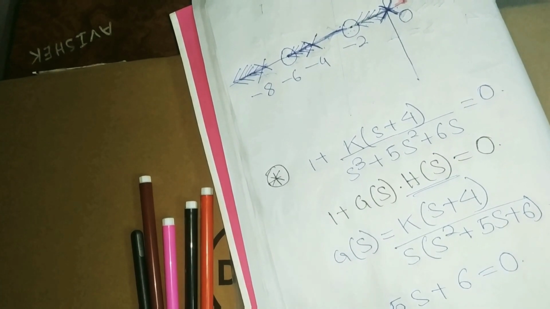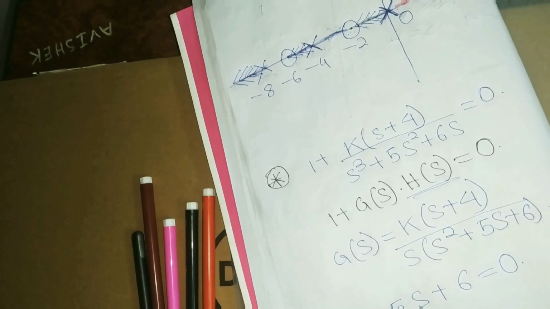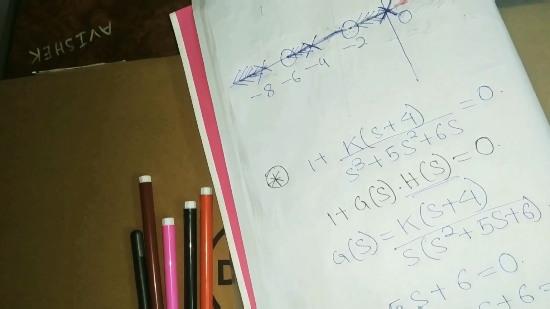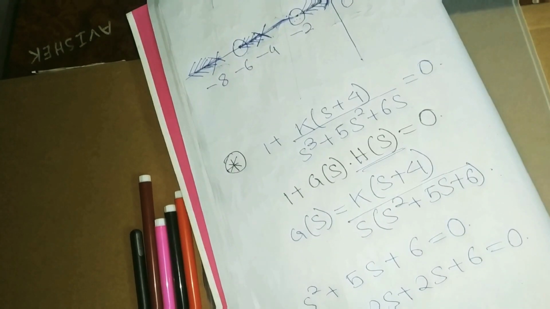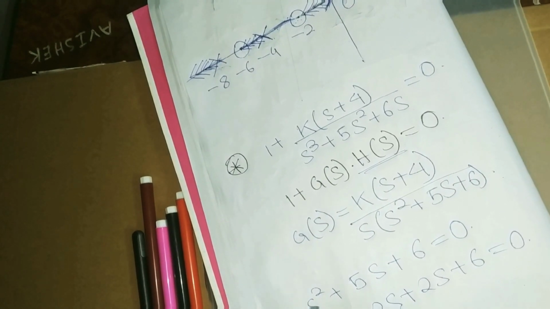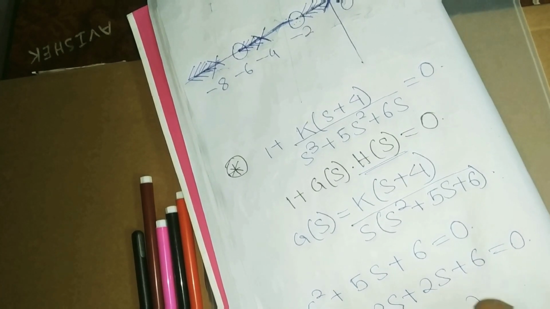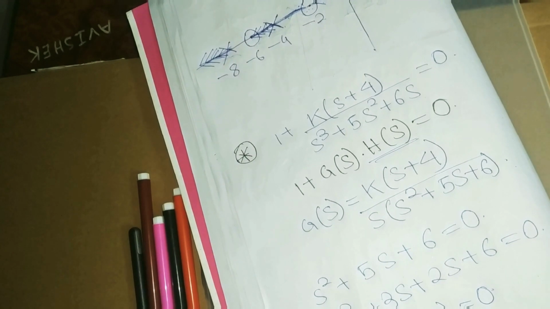Now s square plus 5s plus 6 equals 0. So what will it become? s square plus 3s plus 2s plus 6 equals 0, so (s plus 2)(s plus 3) equals 0.